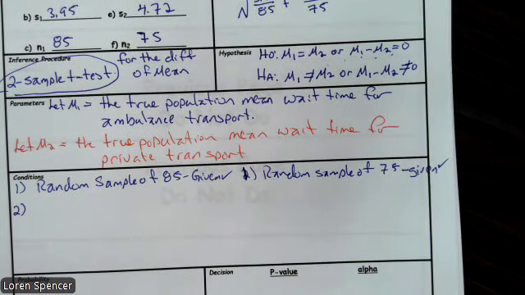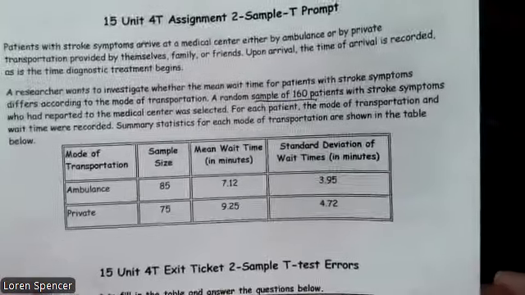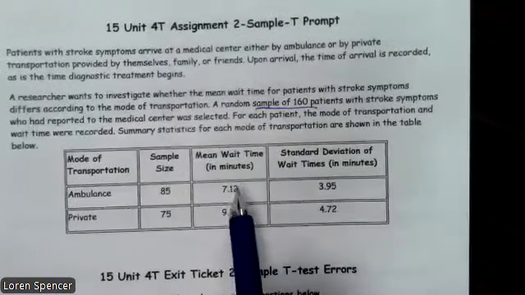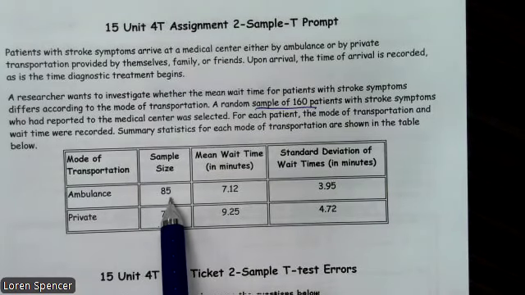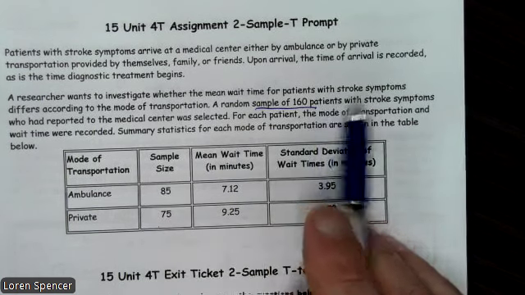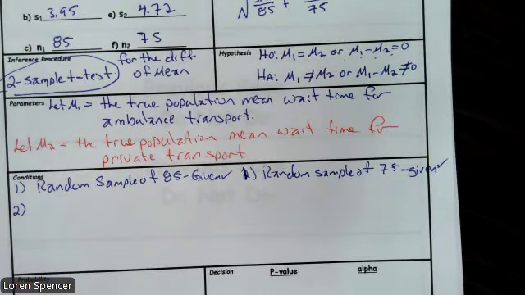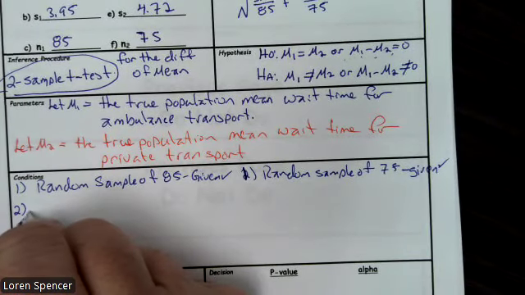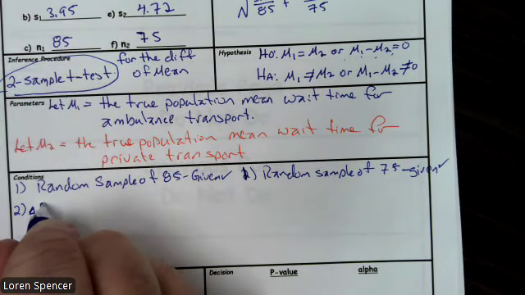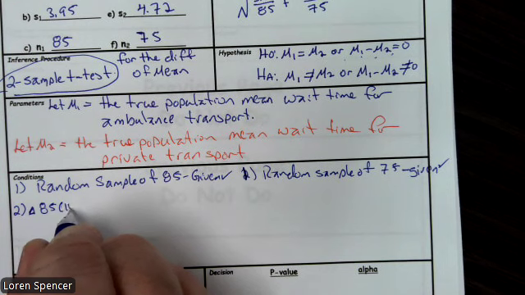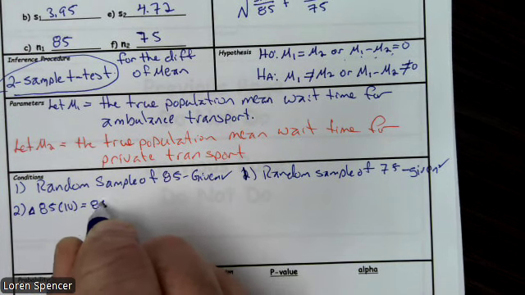All right. Now notice we have 160. All right. So I need to sit there and go, well, there's 85, but they did not give me a population size, which is kind of a problem. So we're going to take the 85 and multiply by 10. 85 times 10 equals 850.